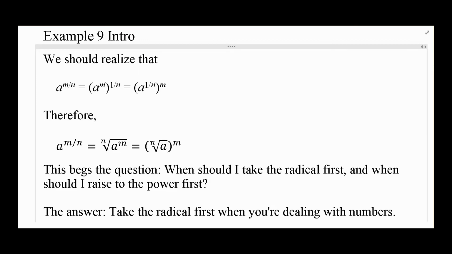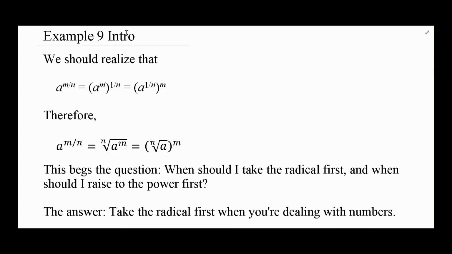Now, in the last example, we looked at having an exponent that was 1 over something. And we said that something becomes the index of the radical. But what if instead of having 1/2, 1/3, 1/4, 1/5, what if we had something other than 1 in the numerator? Well, let's look at what that means. If you have m over n as your fraction, you could write that in one of two ways.